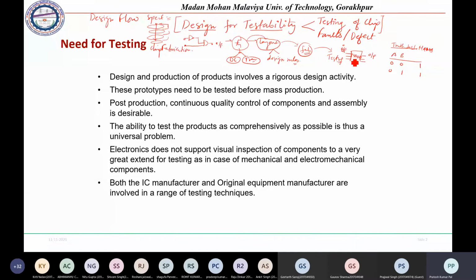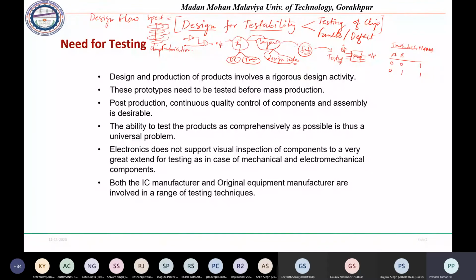So post-production or post-fabrication testing, and these other testing steps are pre-fabrication. Before fabricating a chip, we are testing the circuit, or you can say the logical design, at each stage. Testing is very important in any type of system design.